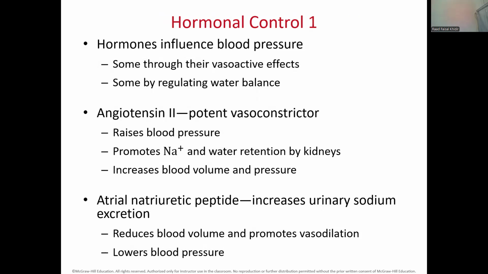So atrial natriuretic peptide is going to increase sodium excretion. And you know who follows sodium? If sodium is going one direction, who's right behind it? Water. So it excretes sodium, it excretes water, blood volume is going to drop, blood pressure is going to drop. Aldosterone reuptakes sodium, water behind it, blood volume increases, blood pressure increases.